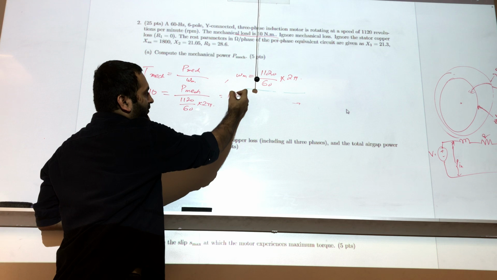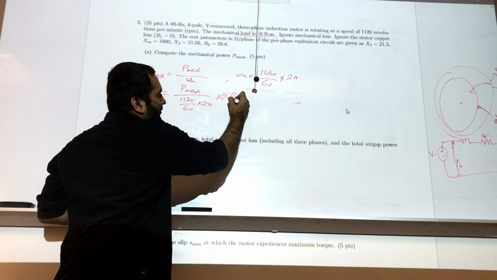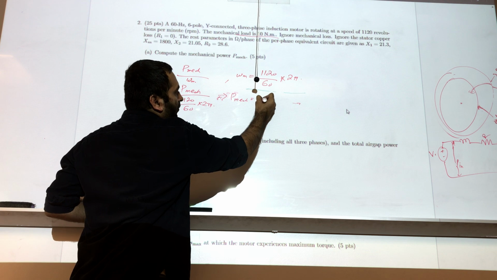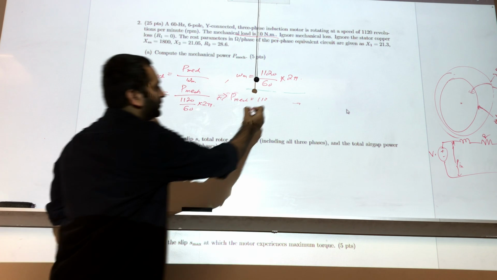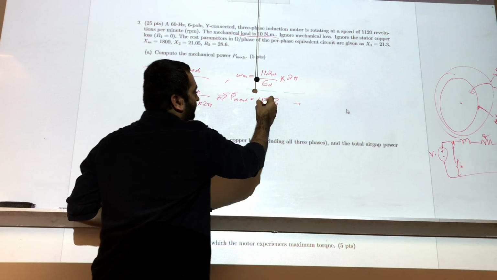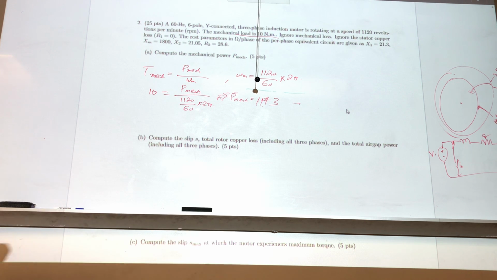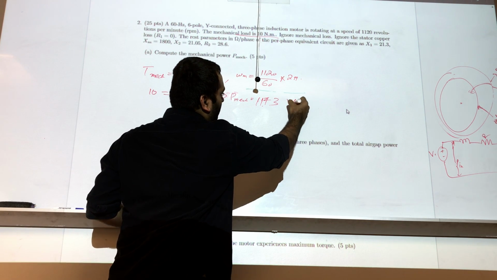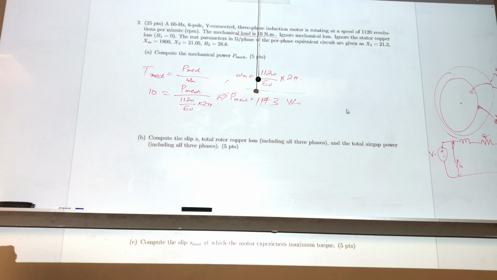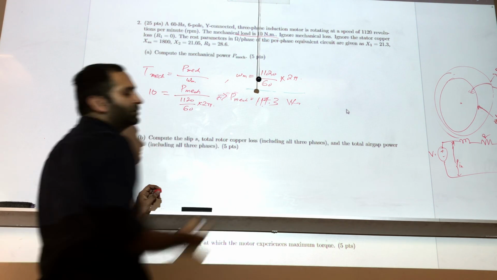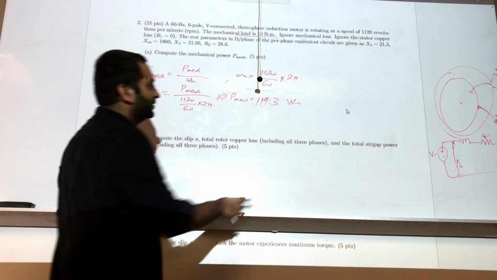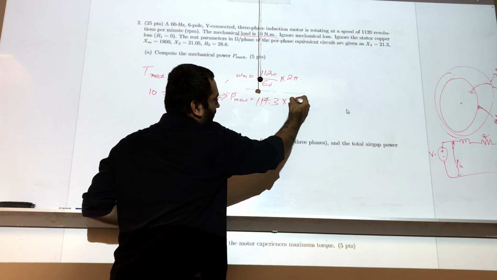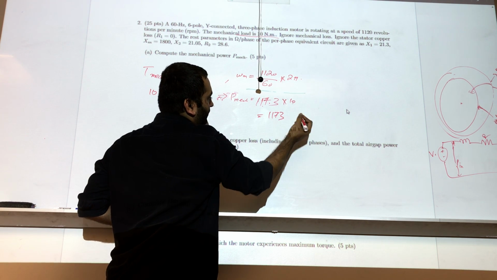So P mech would be 117 times torque. Yeah, times torque, so that was right. It's 117, so it will be times 10. That will be 1173 watts.